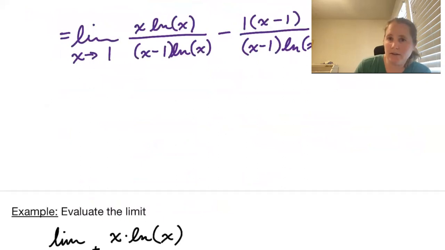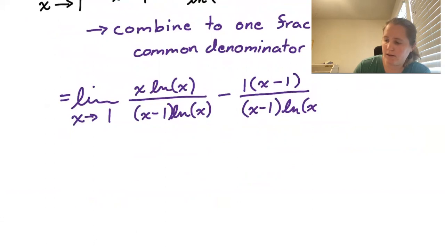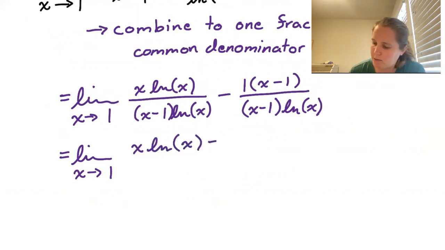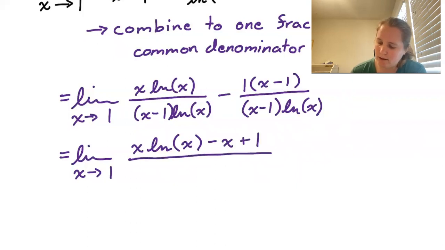And from here, this becomes the limit as x approaches 1 of up top, we would have x times the natural log of x. And then we would subtract x, and then minus negative 1 would become plus 1, all over x minus 1 times the natural log of x.